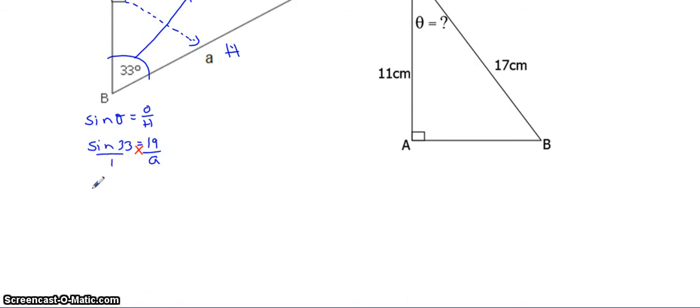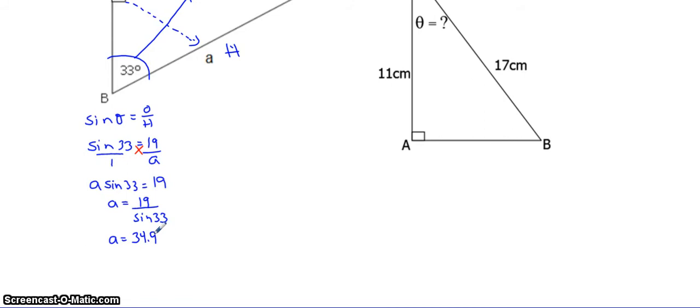So it's A times sine 33 equals 19 times 1. And to get A by itself, divide both sides by sine 33. And making sure your calculator is in degrees mode, that is equal to 34.9.